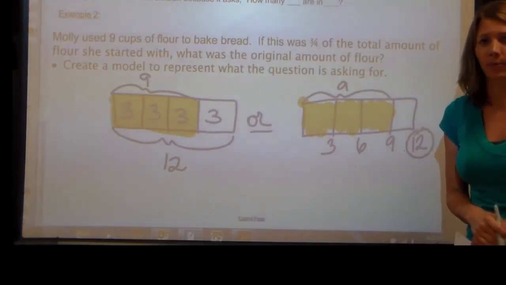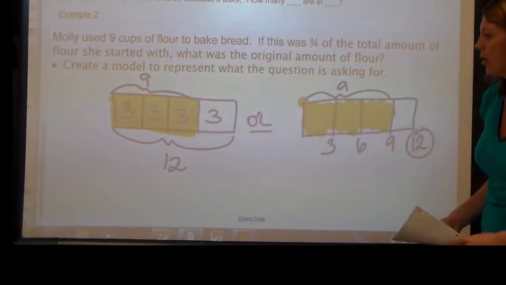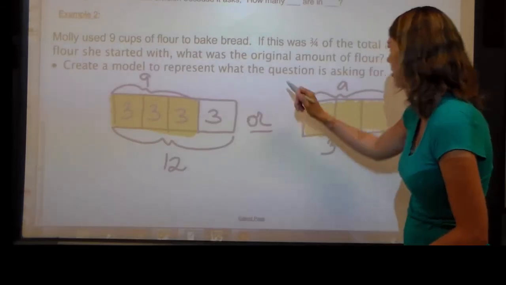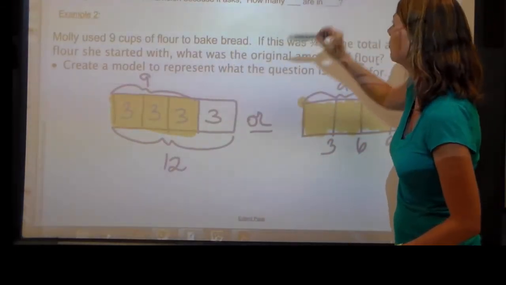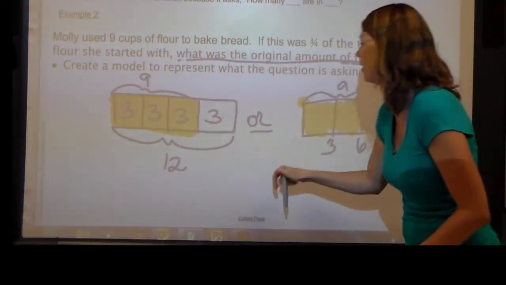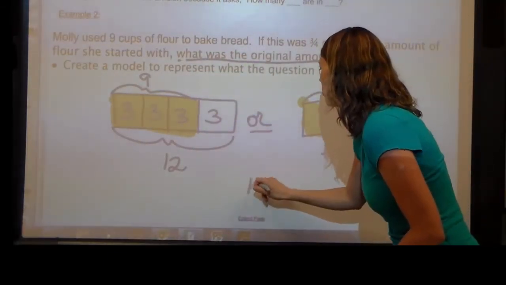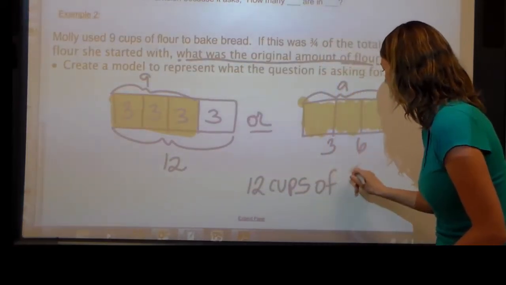That would be an example of the tape diagram compared to the fraction bar. So again, the answer is, what's the original amount of flour? That's our question right here. And the answer would be 12 cups of flour.